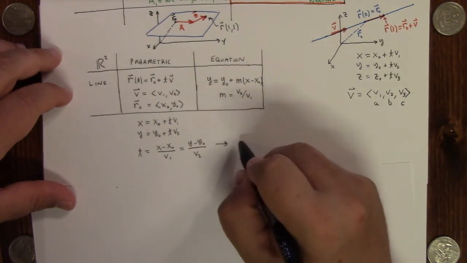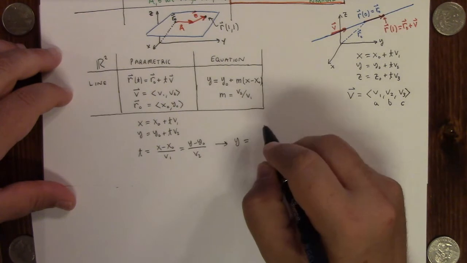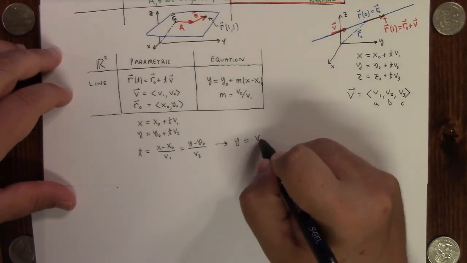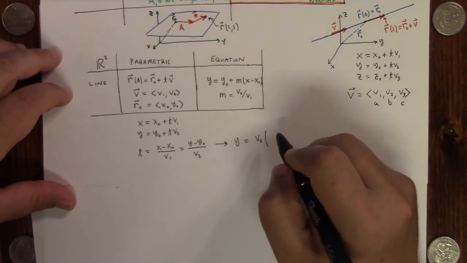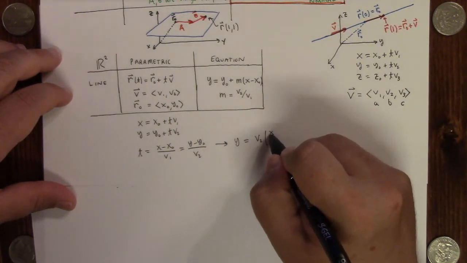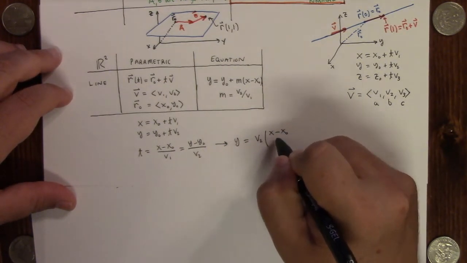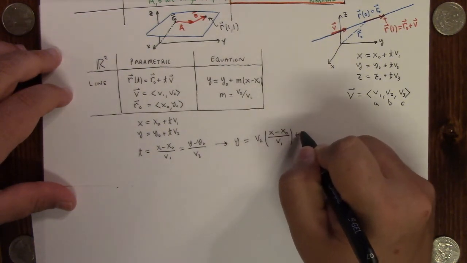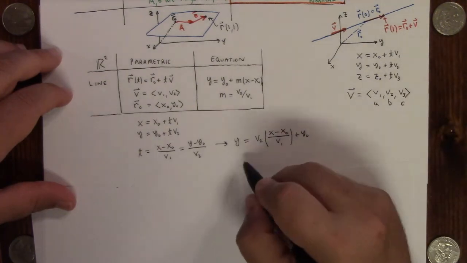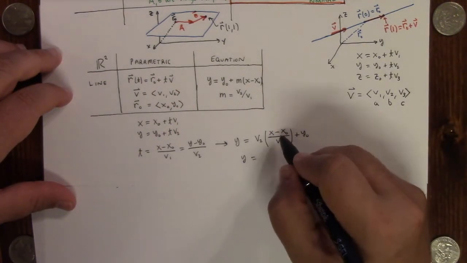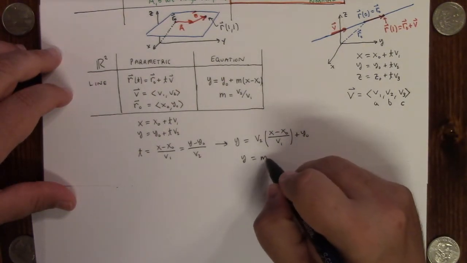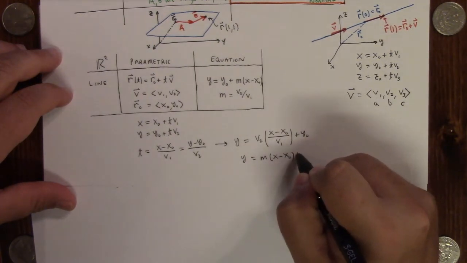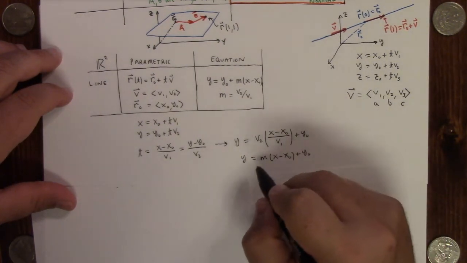And then you could solve that for y, like y is equal to v2 times x minus x naught over v1 plus y naught. In other words, y is equal to v2 over v1, which I called m, times x minus x naught plus y naught, assuming that v1 is non-zero.